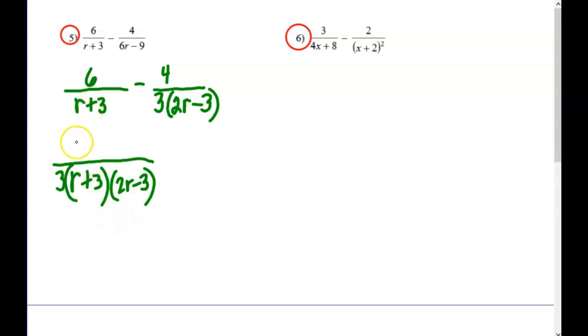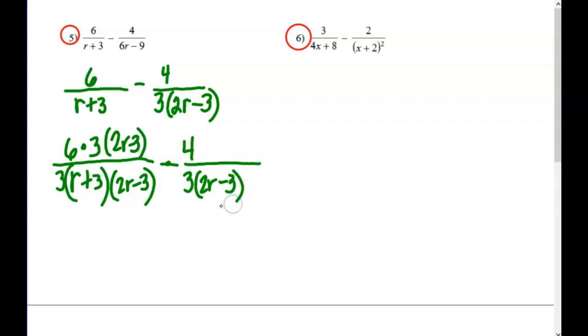So this one had a 6. What do we need to multiply it by? Because it was just a 6 over an r plus 3. We need to multiply a 3 top and bottom and a 2r minus 3 top and bottom. This one has a 3 and a 2r minus 3.